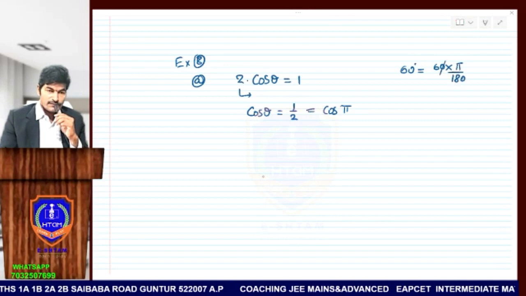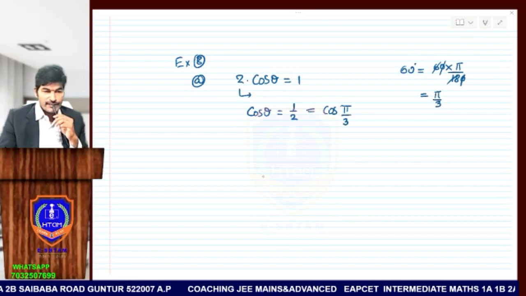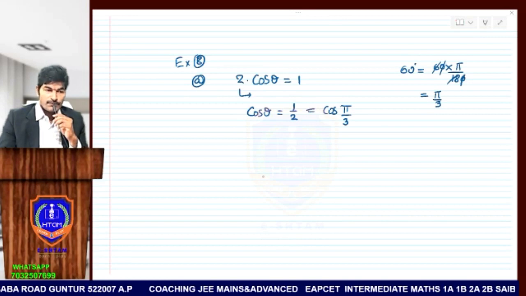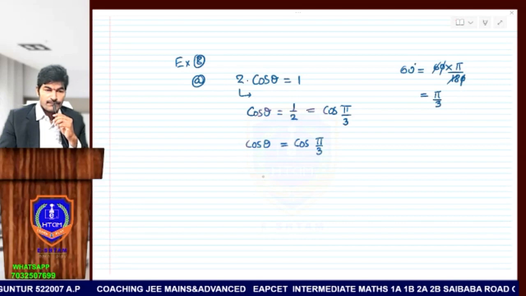Zero, zero cancel; 6 and 18 cancel. That means 60 degrees equals pi by 3. So you can express that as cos pi by 3. Understood? Therefore, the equation becomes cos theta equal to cos pi by 3.